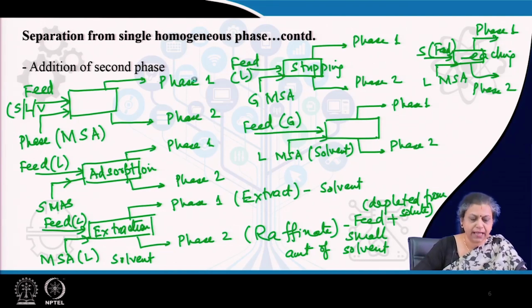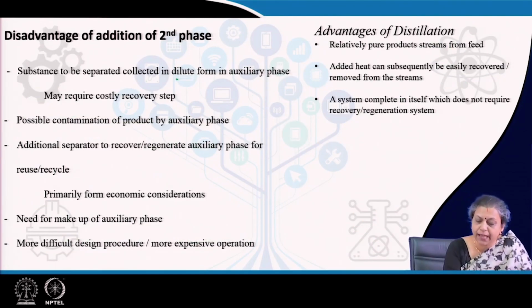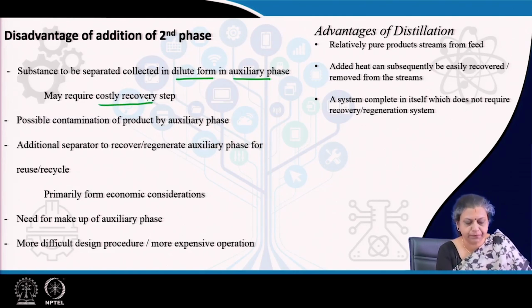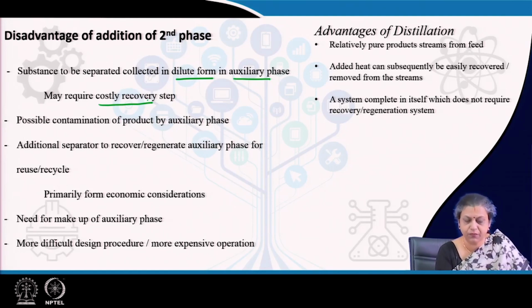So, the product that we get is in a much more dilute form in the MSA, or in the auxiliary phase. Therefore, if we need to remove the product from here, we may encounter a costly recovery step, which we definitely have to keep in mind when we design the process by addition of a second auxiliary phase.